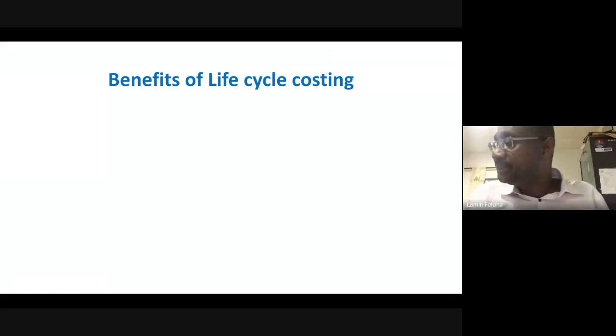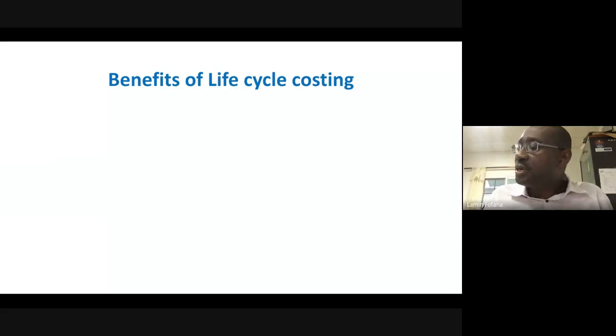What's another benefit? Of course, it helps you in your investment decision. You have to do some costing, do some analysis, and then you need to factor in time value of money and so on and so forth, so that you can be able to choose between product A or product B when it comes to manufacturing.